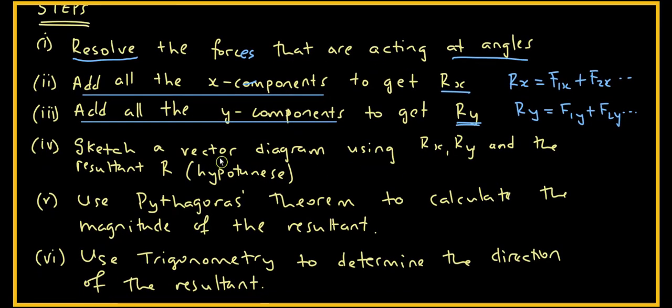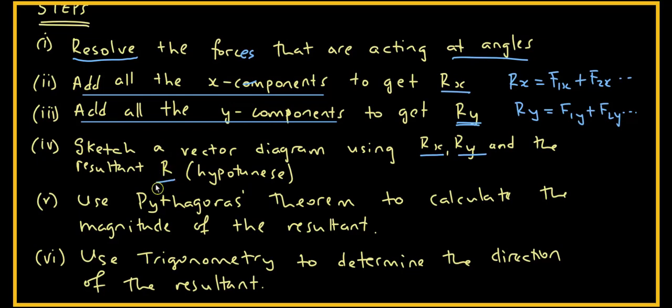Step number 4 would be to sketch a vector diagram using the Rx, the Ry, and the resultant, which is R. So you first of all draw your Rx, then you draw your Ry, then you're going to complete a triangle by drawing a hypotenuse. That particular hypotenuse would be your resultant.